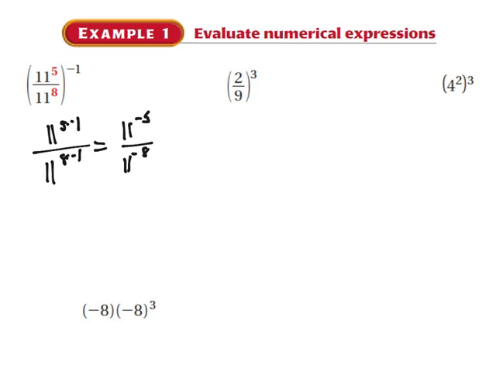And we said that division means subtract, so this is actually 11 to the negative 5 minus a negative 8. And so what I end up with is negative 5 plus 8, which is 11 to the 3rd power. And 11 to the 3rd power is 1,331.